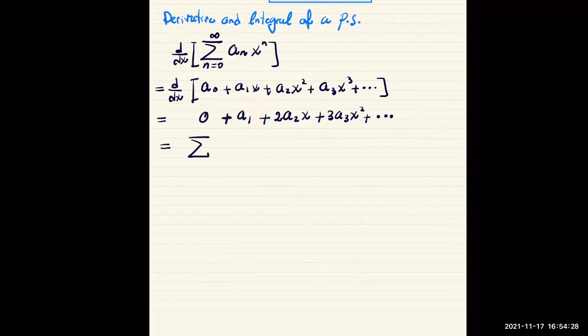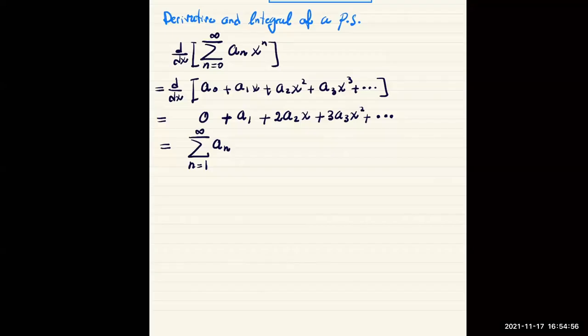It's no longer a0. So you can begin the index of the series at 1. You can start it at 0 if you want, but you have to be careful how you represent the power series. So here we have n going from 1 to infinity, a sub n.